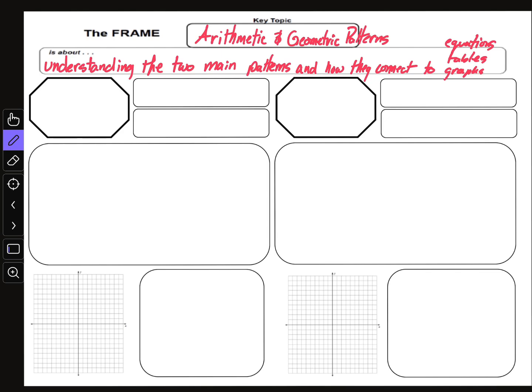Okay, so that's the stuff we're dealing with. We're understanding the two main patterns and how they connect to the equations, tables, and graphs.